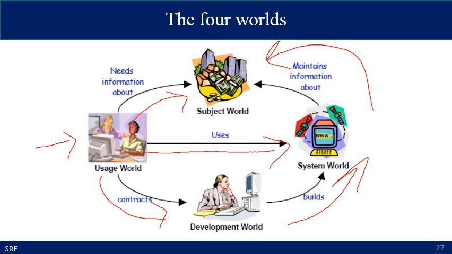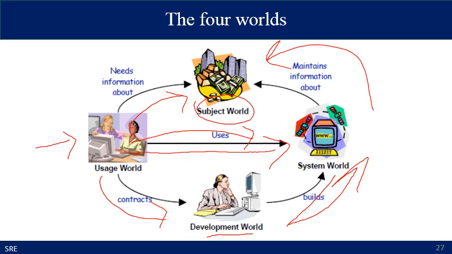For example, a user or the usage world wants to create a university management system, so they contact the development world to create a university management system, and the development world creates the university management system, which is used by the usage world. Now, the usage world needs the information about the subject world.